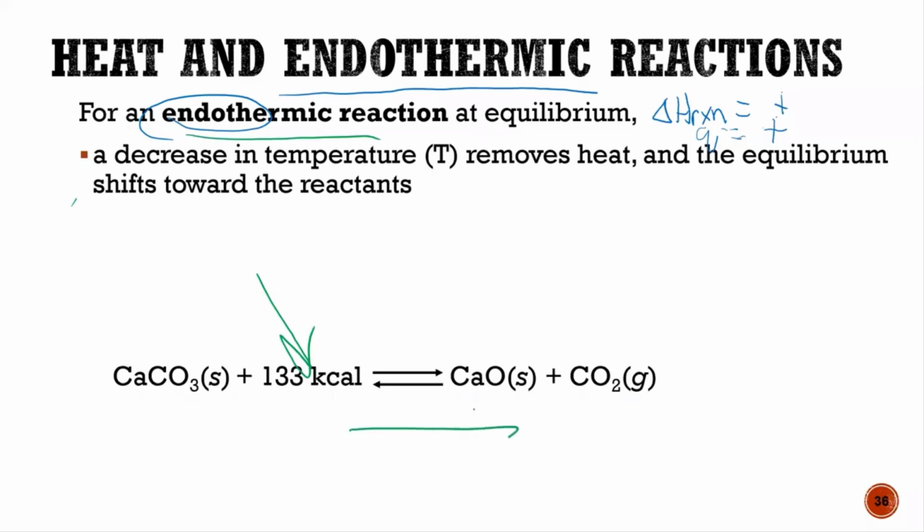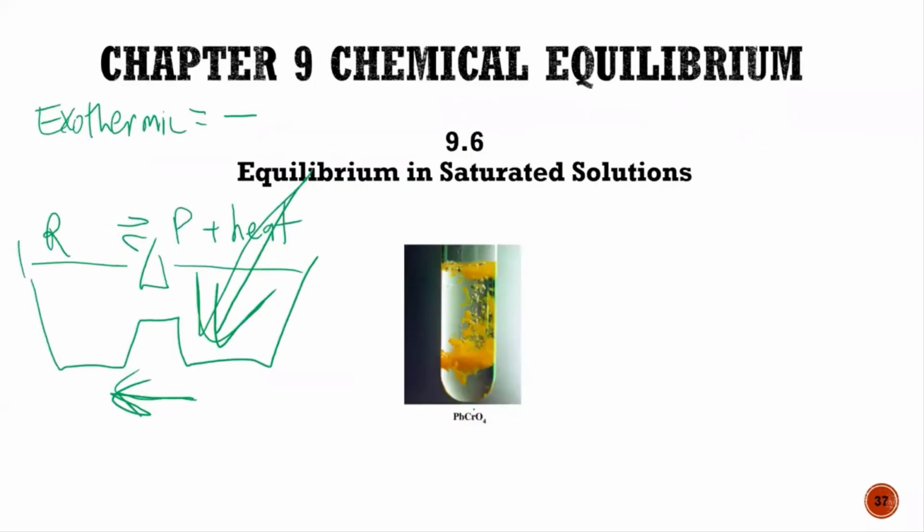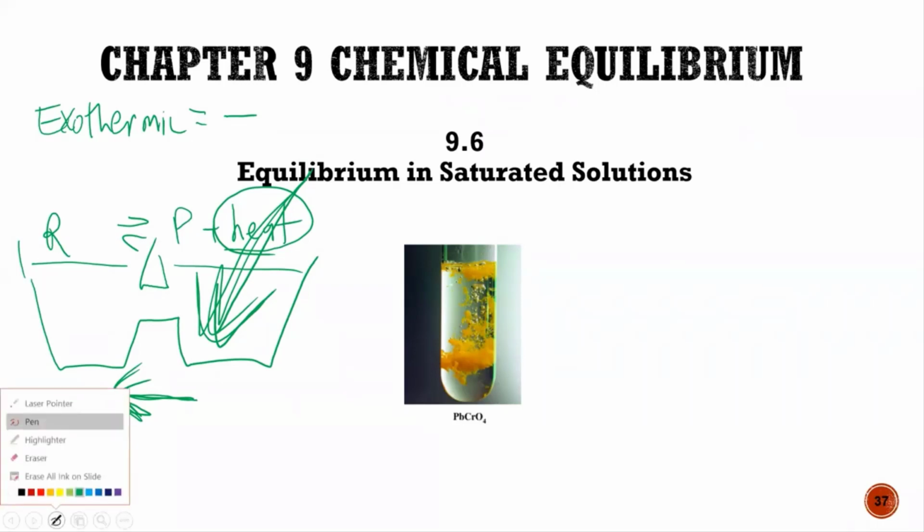It's endothermic, so there'd be a shift to the forward. If I'm exothermic, the heat is on the product side. If I add heat, it's going on this side, there'd be a shift to the reactants. Well, that makes sense. The trough, it may not seem it, but it's actually quite useful.